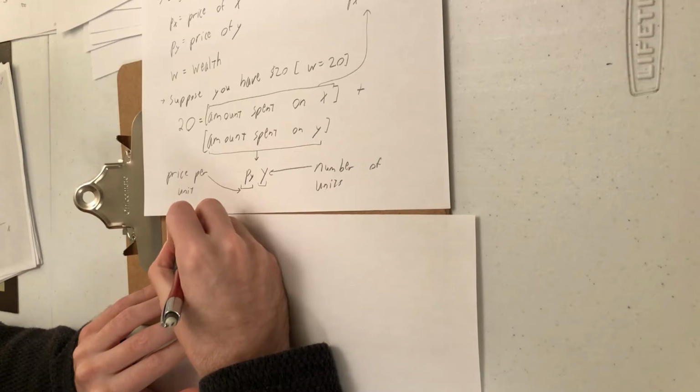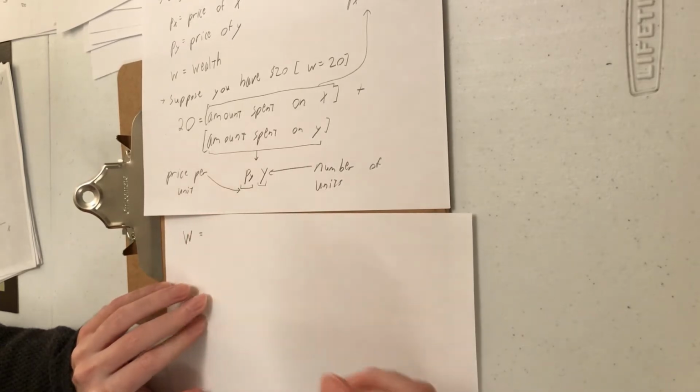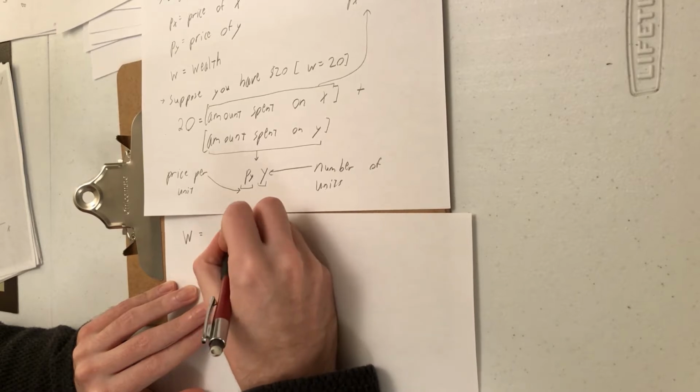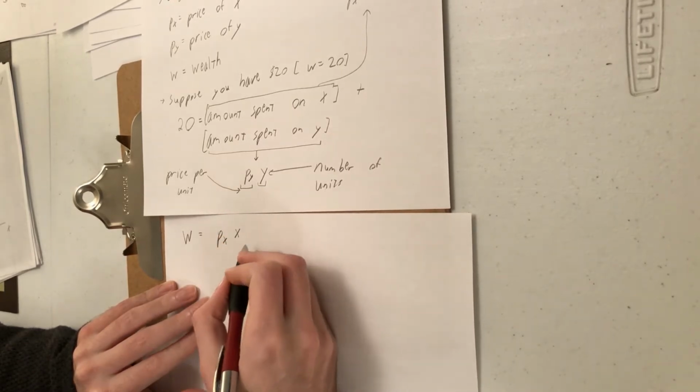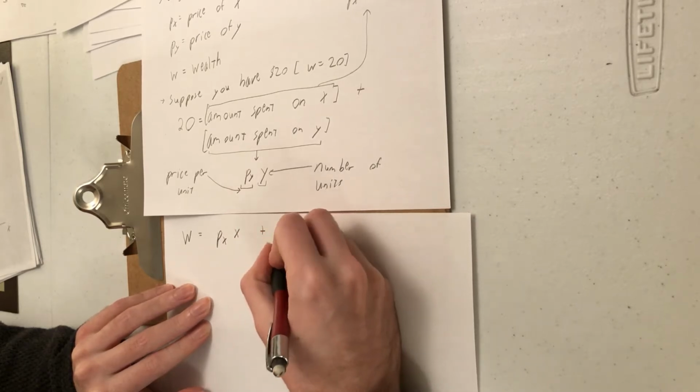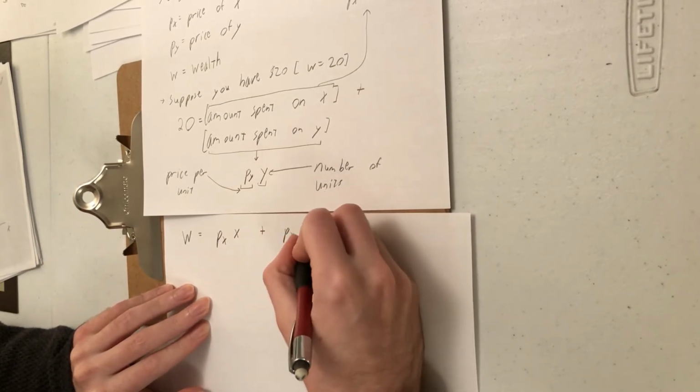It's how much money you have to spend has to be equal to PX times X, amount spent on X, plus amount spent on Y.